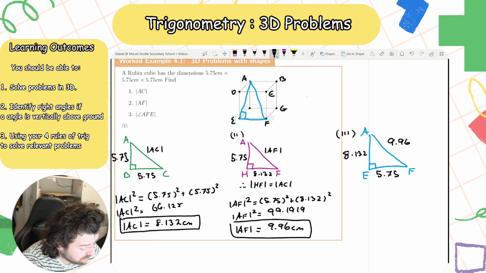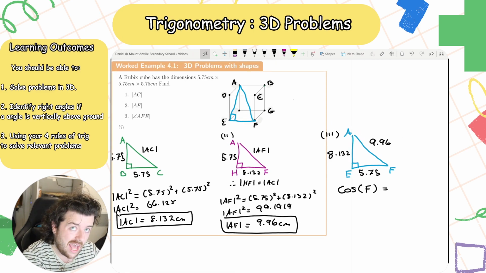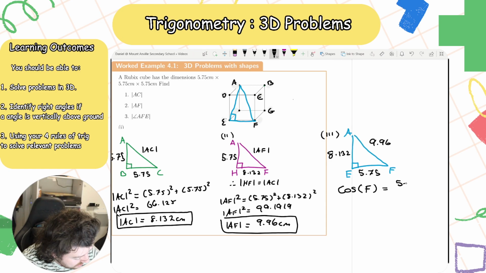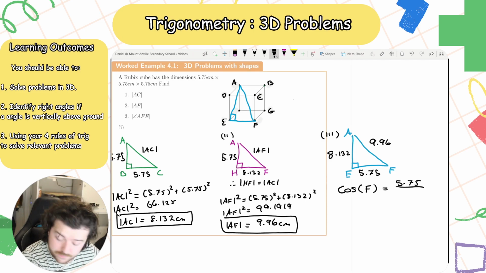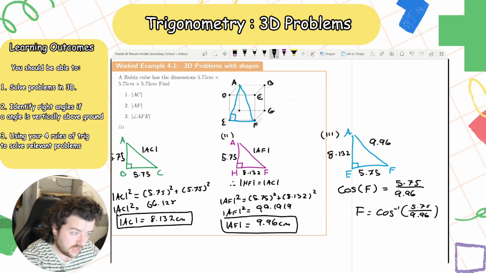I'm going to choose cosine of the angle F. So I'm just going to say cosine F to indicate I'm using angle F. Remember cosine is adjacent over hypotenuse. So angle F is equal to cosine inverse of 5.75 all over 9.96.